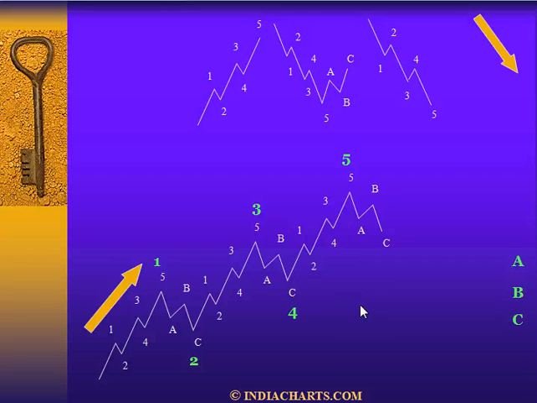It's the art of eliminating what is not possible, so that you're left with the smallest number of possible outcomes, and then you're dealing with those few outcomes and trying to generate the highest probability trades with them. Now combining that with various other tools that technical analysis provides is a further help in increasing the probability of which wave count to choose out of the 2 or 3 that you're left with.